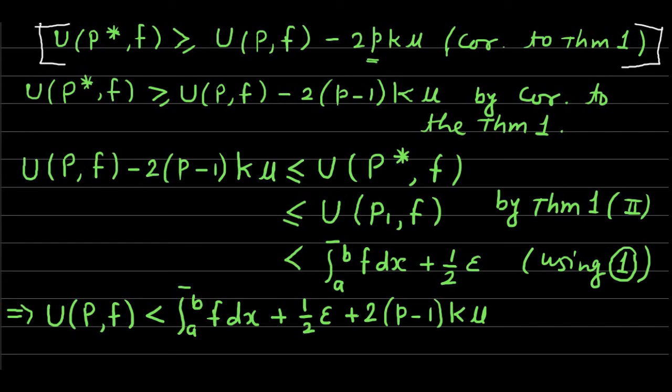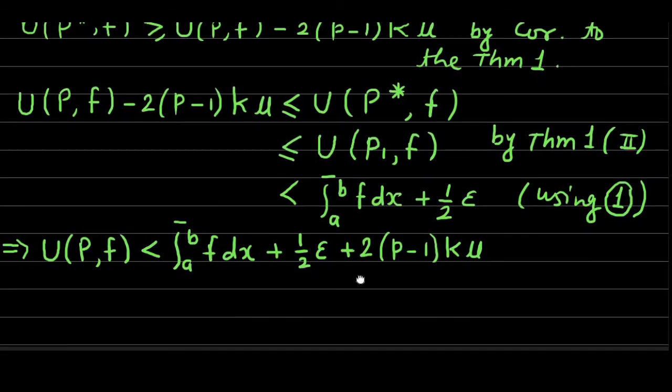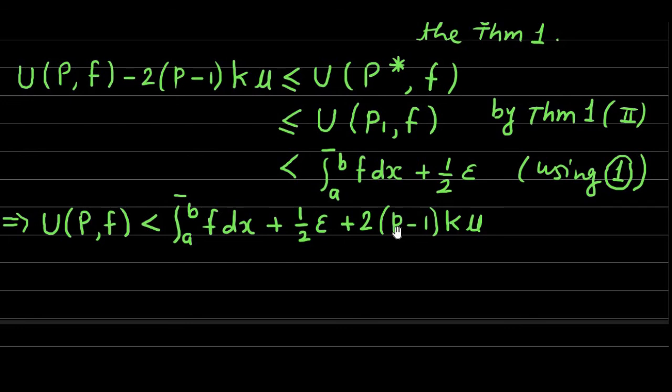Now we will use the relation number 2. By the relation number 2, we know that this quantity, 2 into (p minus 1) into k mu, is less than epsilon by 2. So therefore, this is less than or equal to upper integral a to b f dx plus 1 by 2 epsilon, and plus, as told by the relation number 2, this quantity 2 into (p minus 1) into k mu is less than 1 by 2 epsilon.